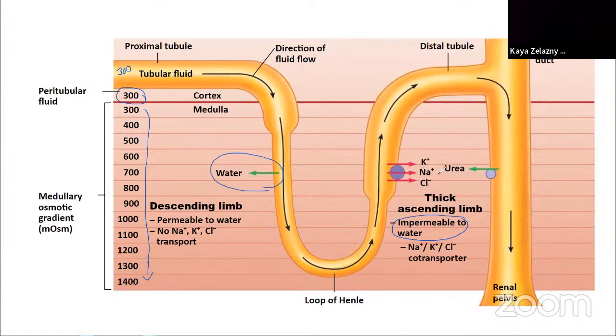But what we do see is active transport of solutes. That active transport of solutes is how we set up this medullary osmotic gradient. By actively moving all these solutes into the medulla, we increase its osmolarity, which is what lets us pull on water with the descending limb.